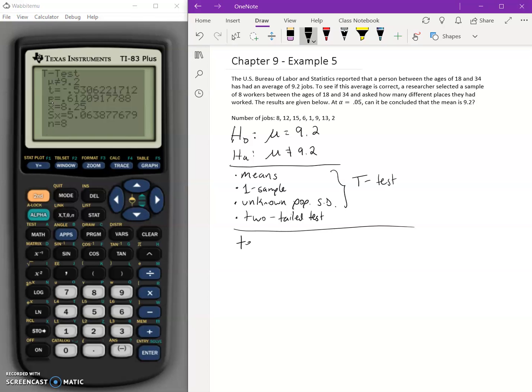So we pull out our test statistic, which should be a t-value. Our t-value is negative 0.531. Our p-value in this case is going to be 0.612.